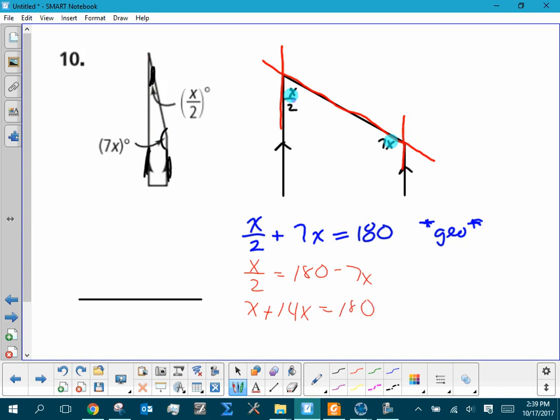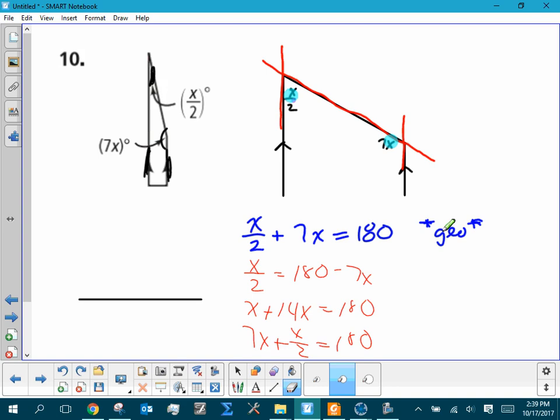Somebody else could have written 7x plus x over 2 equals 180. You see the vast amount of different equations that somebody could write that would still be true. Does that make sense? And that would be really hard for them to program the test and the way it's graded to match your answers.